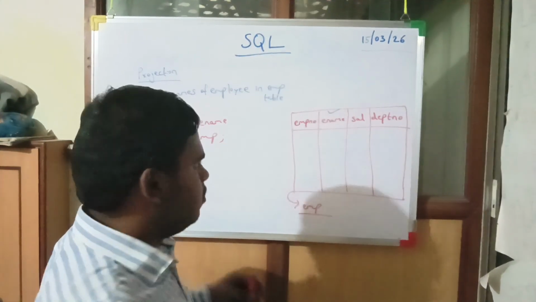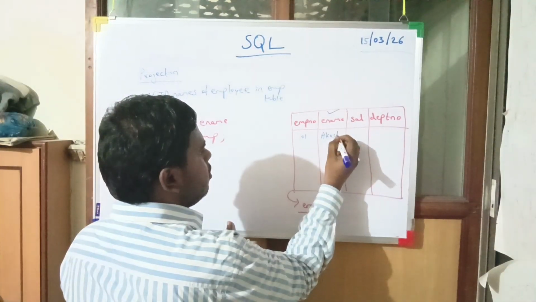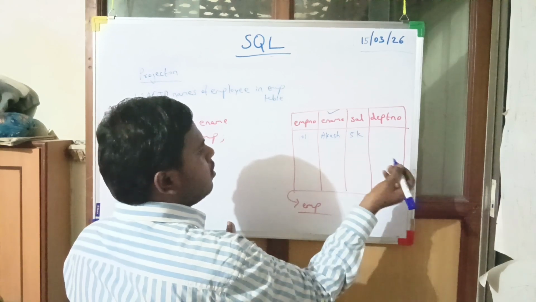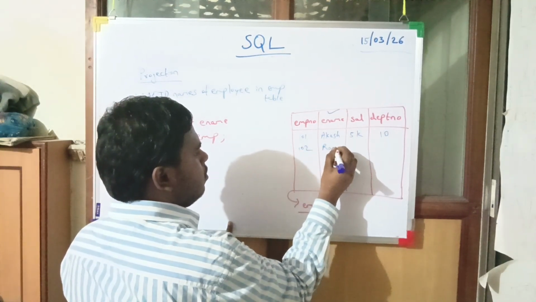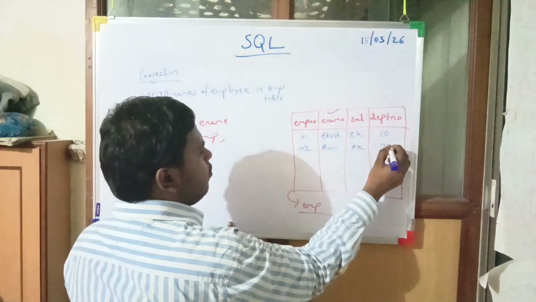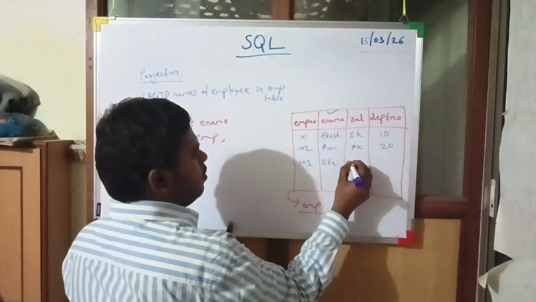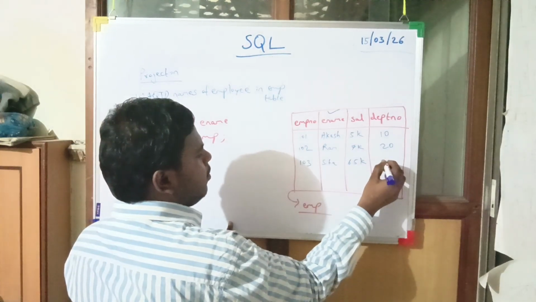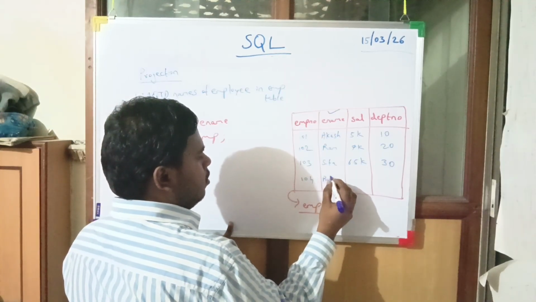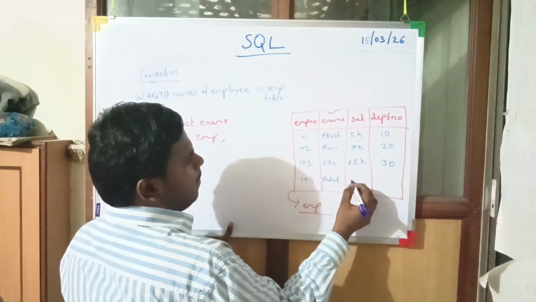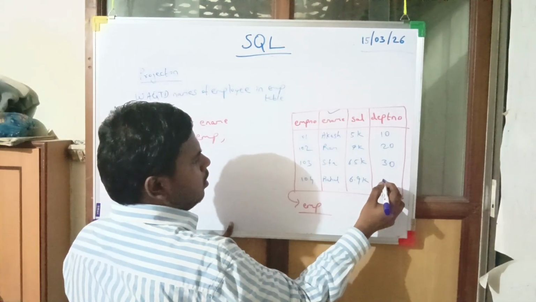But how does it work? Suppose now data is there: 101, Akash, salary $5,000, department number 10; 102, Ram, $7,000, department number 20; 103, Sita, 6.5 thousand, department number 30; 104, Rahul, let's say 6.9k, department number 20 again.